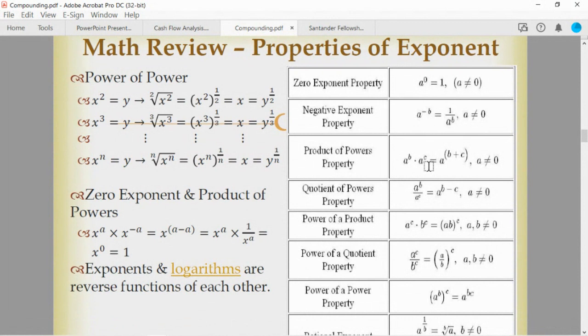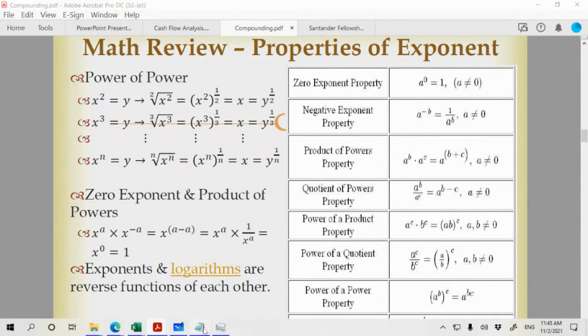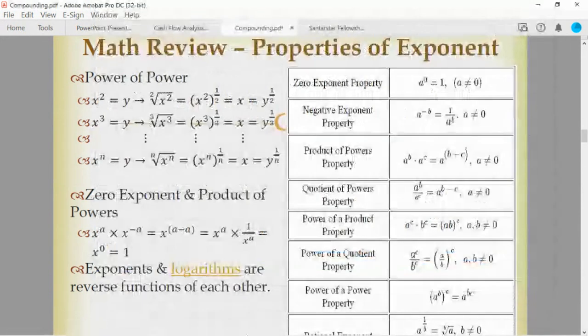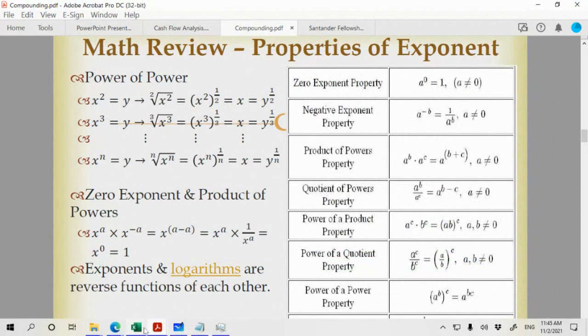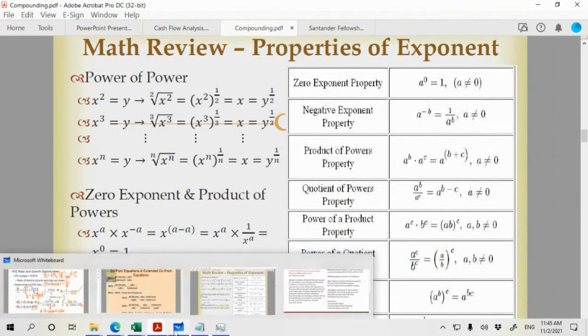And then the product of powers, right? So same base, a raised to b times a raised to c is simply a raised to b plus c. Okay, you can do a little thought experiment and you will see.